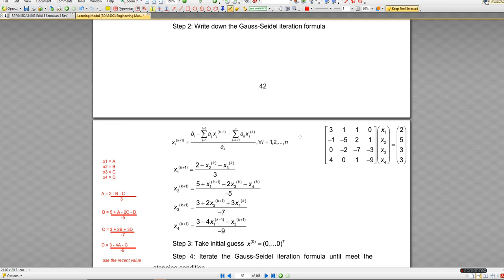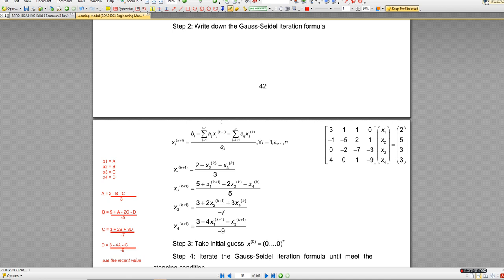Okay, how? This is the formula. Bi minus the summation of Aij multiplied by xj at k plus 1. K plus 1 is the recent iteration. Okay, it's okay, I will not explain first.